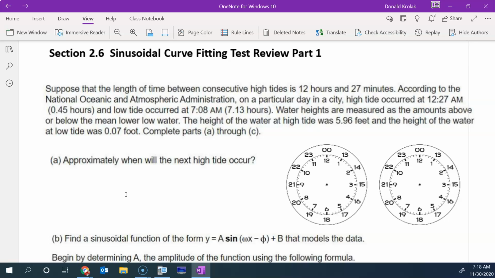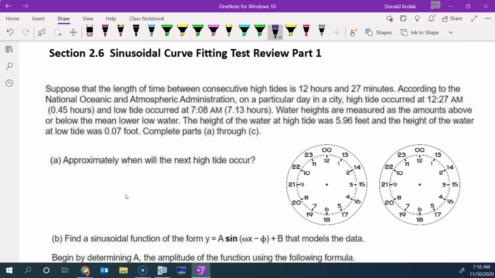So this is where you'll need your calculator. Right here, this is going to be your period because it's the time between 2 maxes. All right, so here's our period.